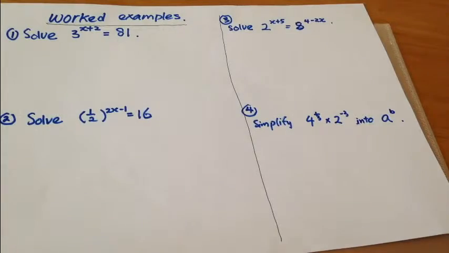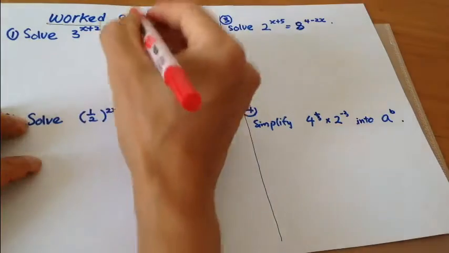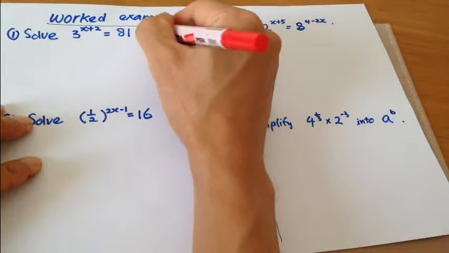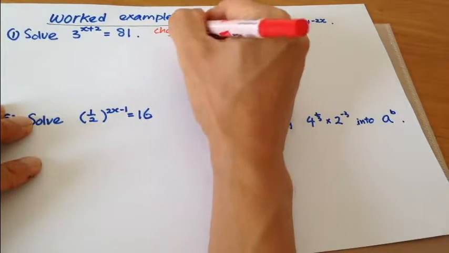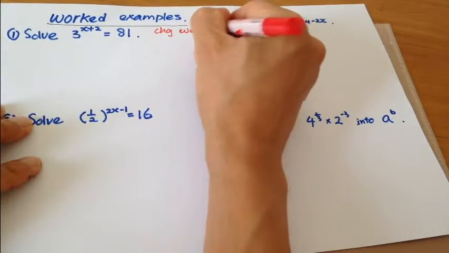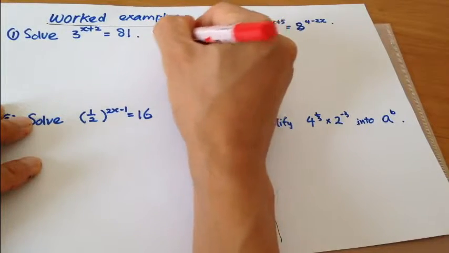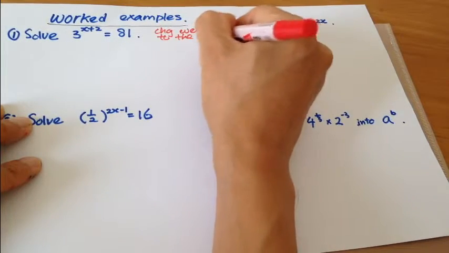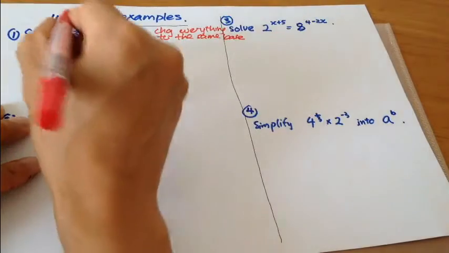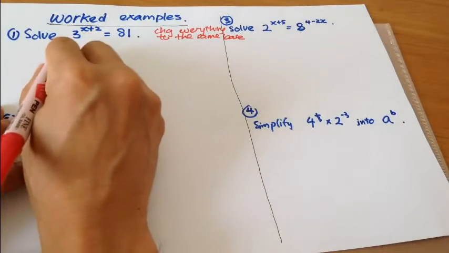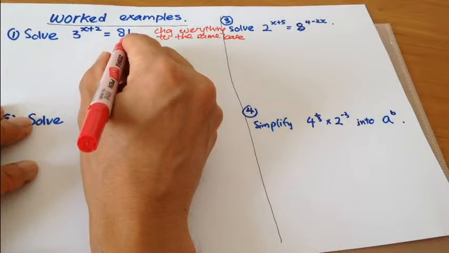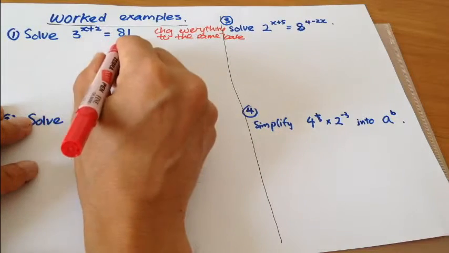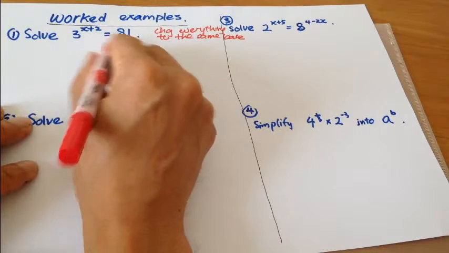Alright, welcome back. So for the first question, the trick is to change everything to the same base. In this case, 3 is the base, 81 is the base, but 81 and 3 are not the same base. So 81 needs to change into the base of 3.